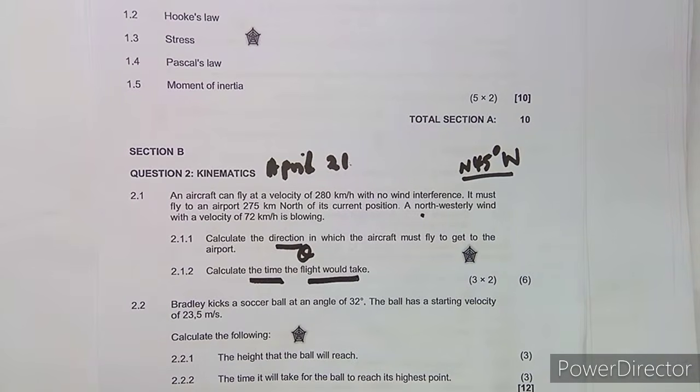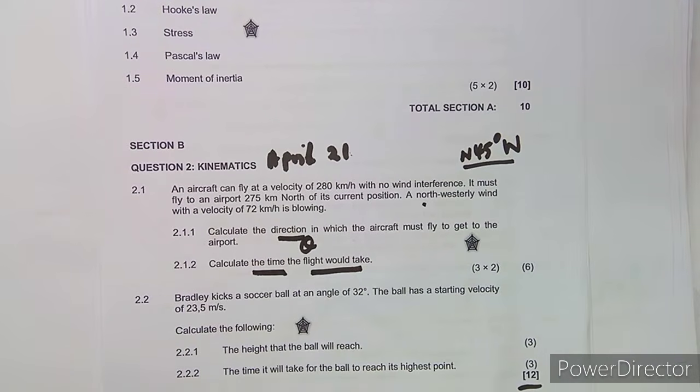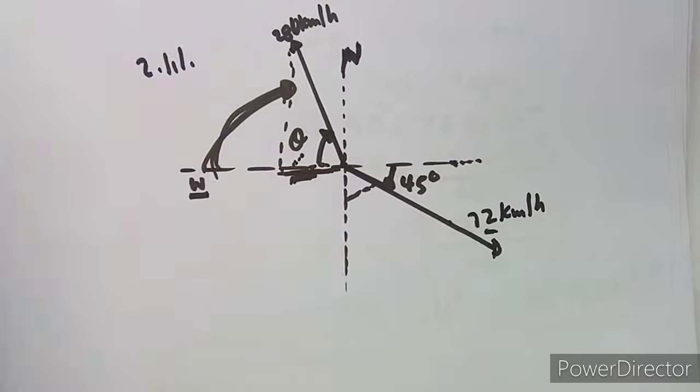What about the time now? Definitely for me to have the time, I must have the resultant velocity. There's no way, guys, I must have the resultant velocity in this case. All right, so where am I going to have the resultant velocity now? Because, okay, I'm going to come back here.